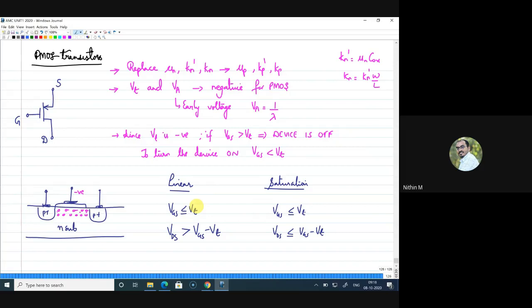Then your VSG will be positive. It will not be negative. Yes, Namit, go ahead. Because, sir, the source here is at higher potential than the drain.